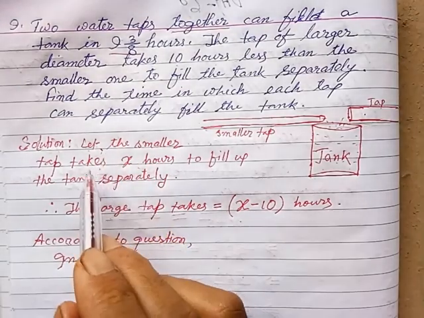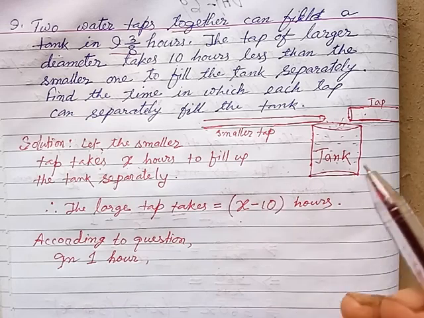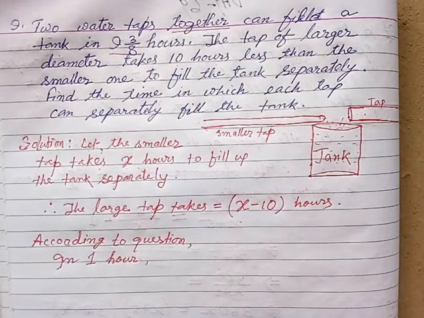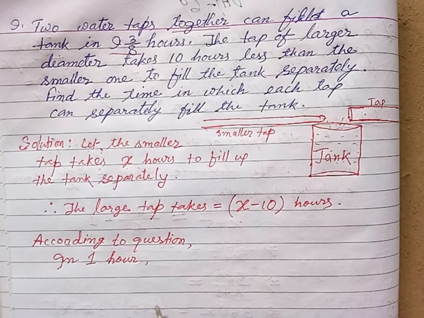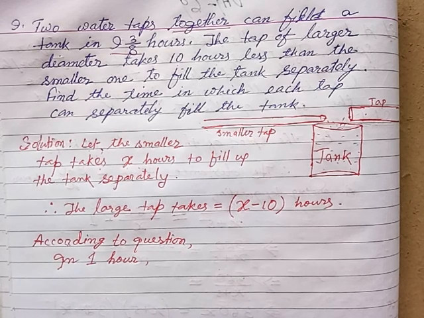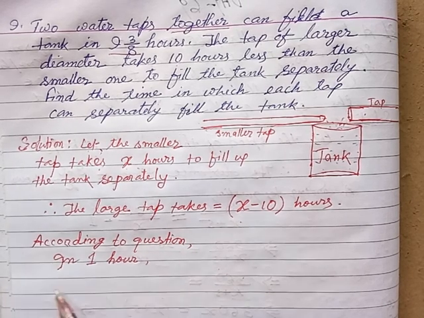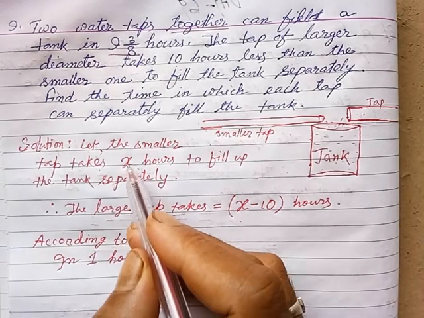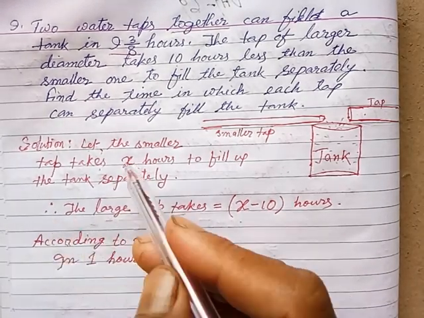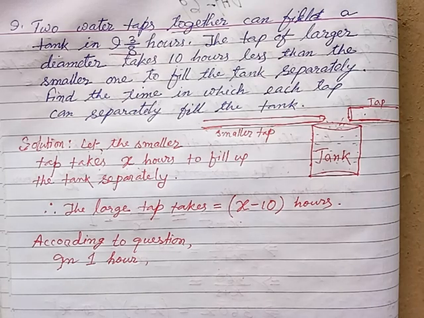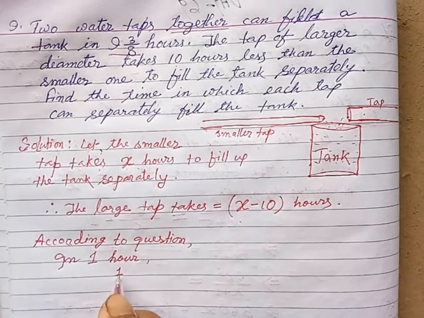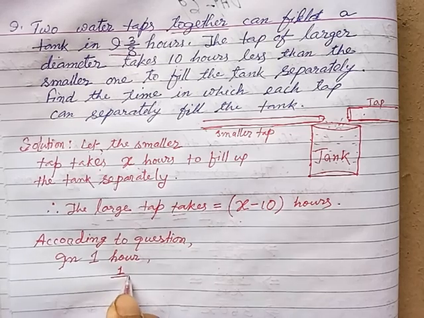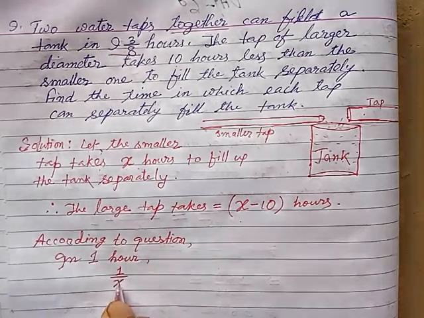The smaller tap takes x hours to fill the tank completely. So in 1 hour, how much part will the smaller tap fill? In x hours it fills the whole tank, so in 1 hour it fills 1 part out of x parts.